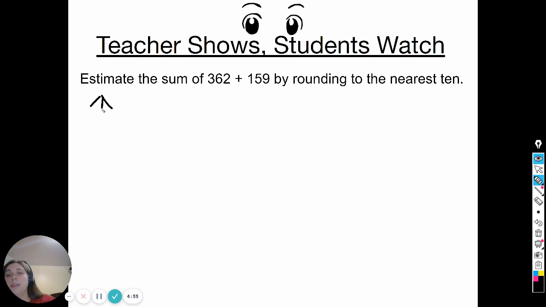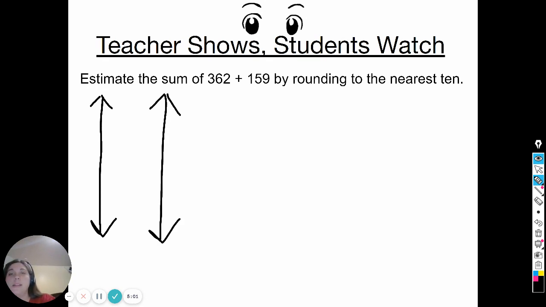So what I'm going to do is make my 2 vertical number lines with my bottom, my top, and my halfway point. The first one, we're going to be trying to find 362. If we're rounding to the nearest 10, we're looking here in the tens place, which is at the 6.